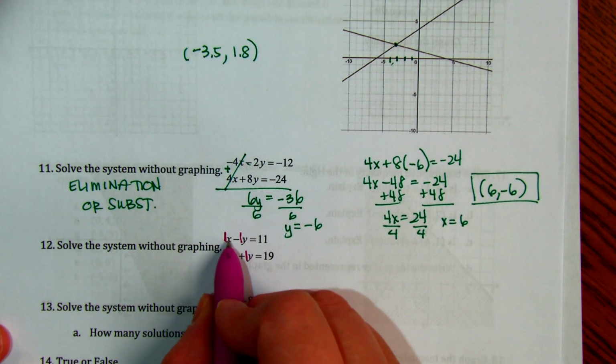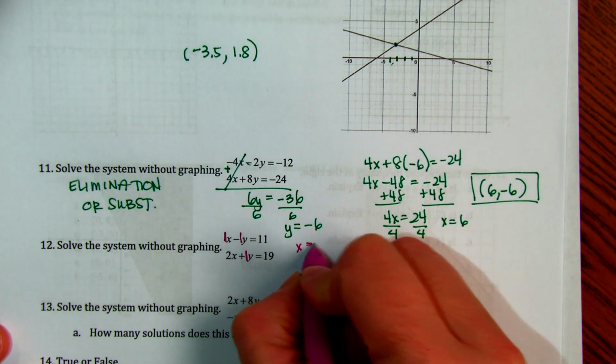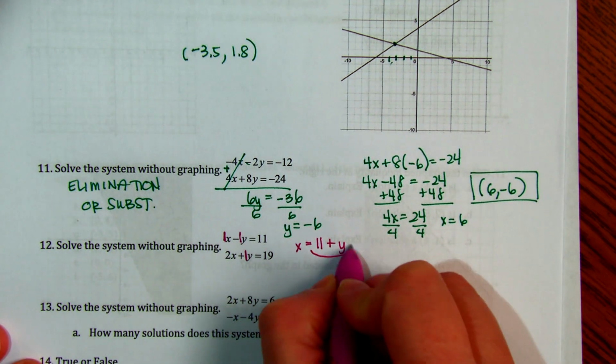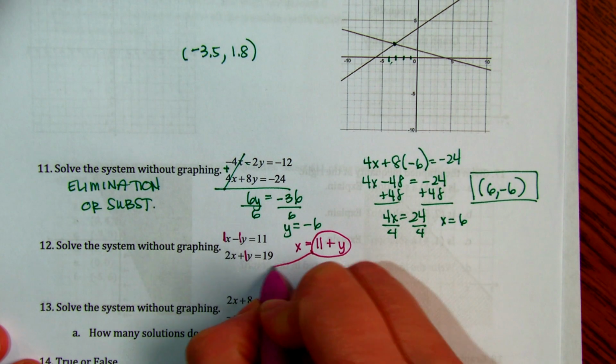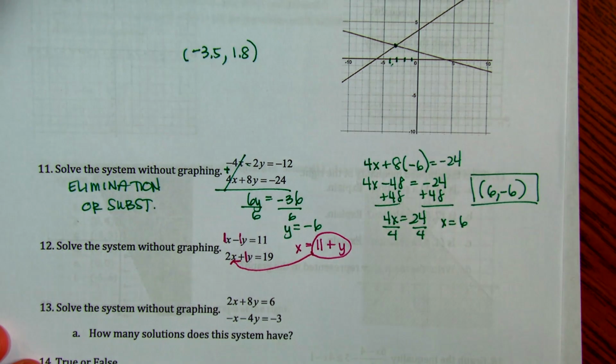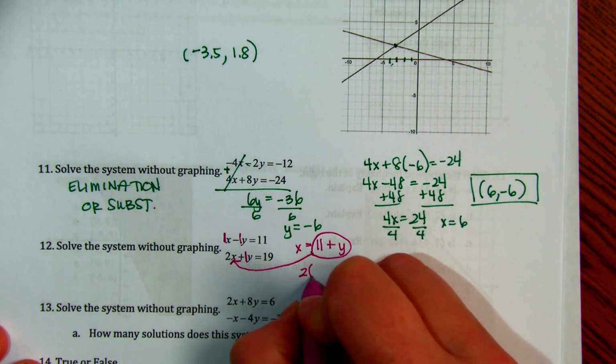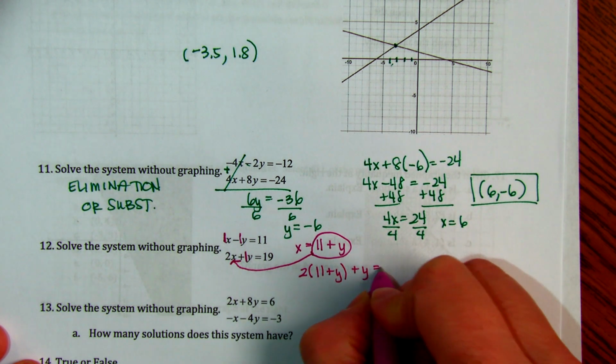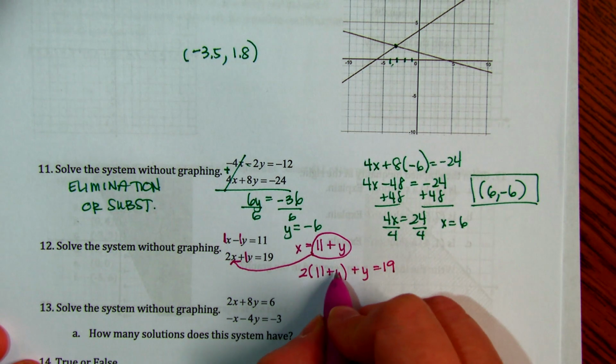So I'm going to solve for x. I have x equals 11 plus y. This goes into the other equation. So 2 times the 11 plus y equals 19. Distribute.